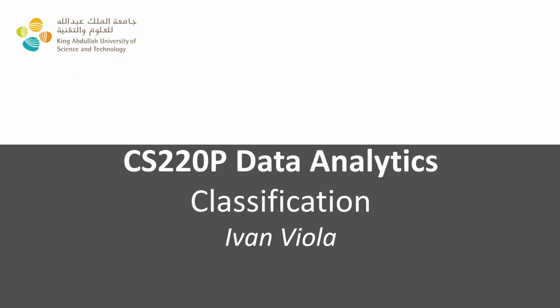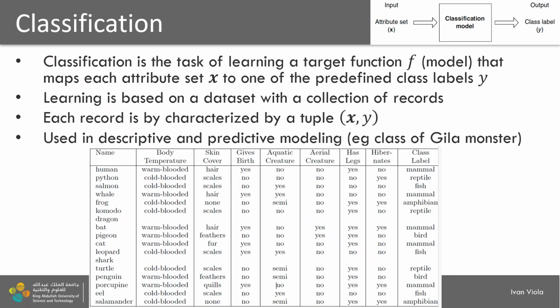In this lecture, we will be talking about classification techniques for data analytics. Classification is a task of learning a target function f, which we will also call a classification model, that maps each attribute set x to one of the predefined class labels y.